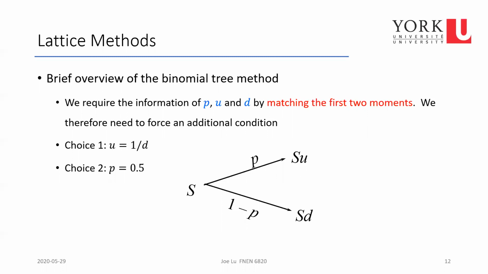The other choice is that you can fix p to be 0.5, then 1 minus p will also be 0.5. So in the second method, the probability of going up and the probability of going down are the same.